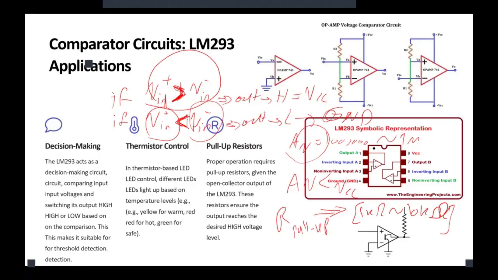Let's do an example. Let's say we have a VCC equal to 5 volt, and we use our pull-up equal to 4.5 kilo ohm.